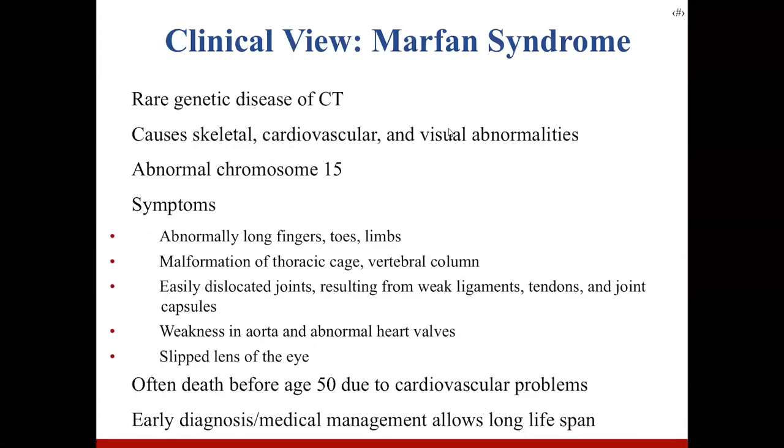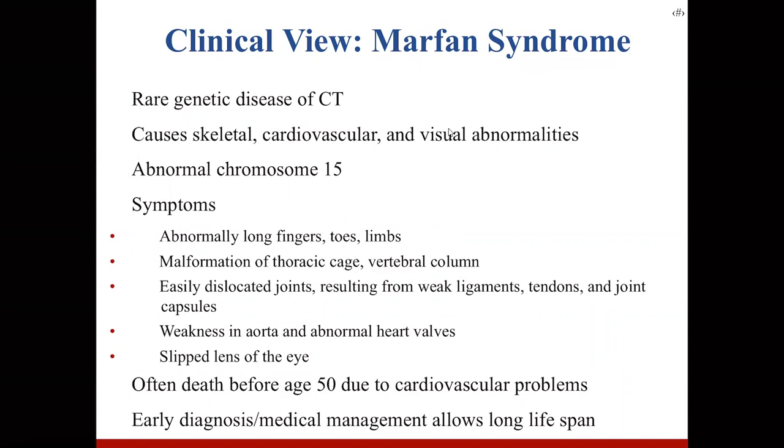I put this Marfan syndrome in here. Marfan syndrome is a disease of connective tissue. What happens is the connective tissue is very stretchy and kind of weak. They figured out that it's on chromosome 15. Usually people that have it have really, really long fingers and toes and their limbs are long, they're tall.